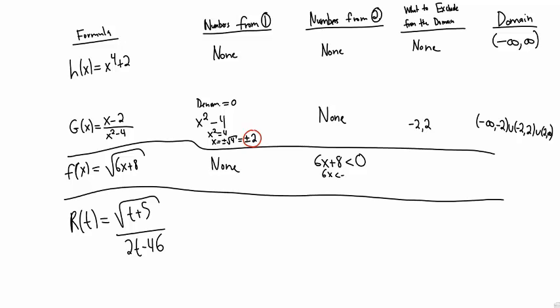We solve this inequality, and we get x less than negative 4/3. So we have to exclude these numbers from our domain. So our domain is everything else. It includes negative 4/3 and all numbers greater than it.